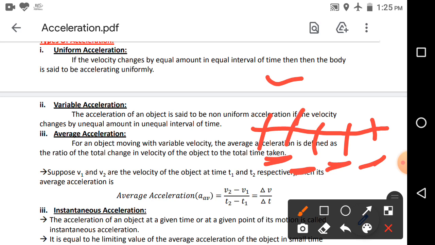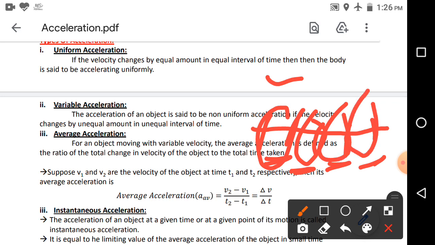So if in between a number of segments, at every segment the velocity change is the same and the time interval for the change is also the same, then we can say the body is accelerating uniformly.